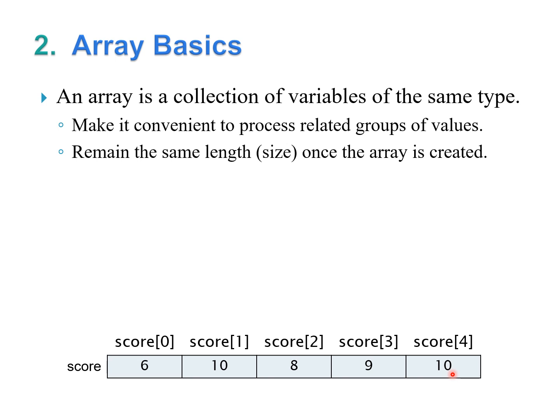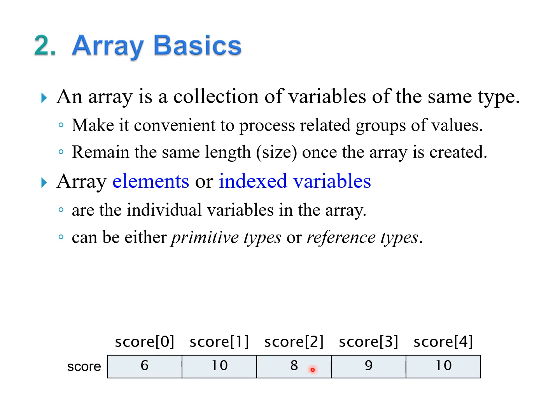When you create an array, you will have to specify its length or size, that is the number of individual variables in the array. The array's length remains the same once the array is created. The individual variables in the array are called array elements or indexed variables. Array elements can be any type, either primitive or reference types.